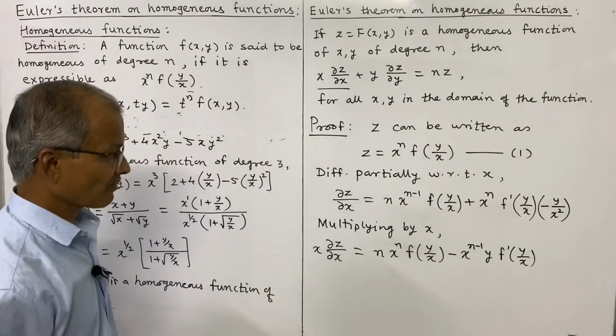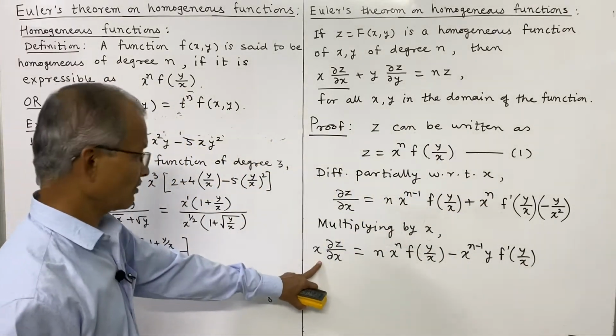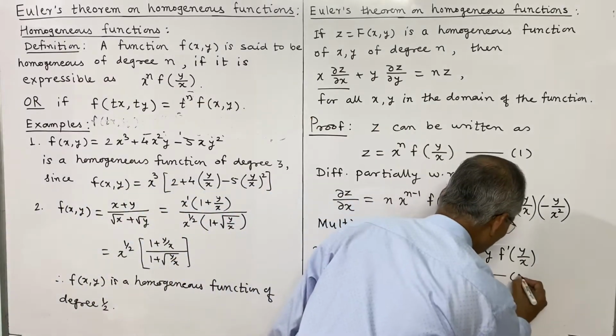So this is the term x dou z by dou x. We write this as second.